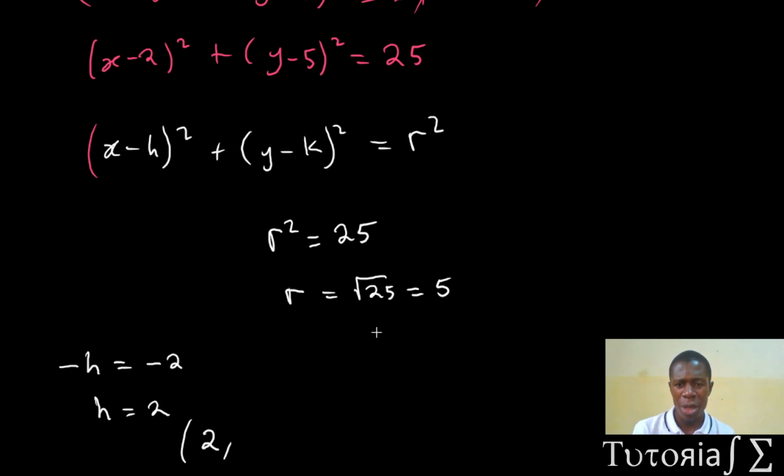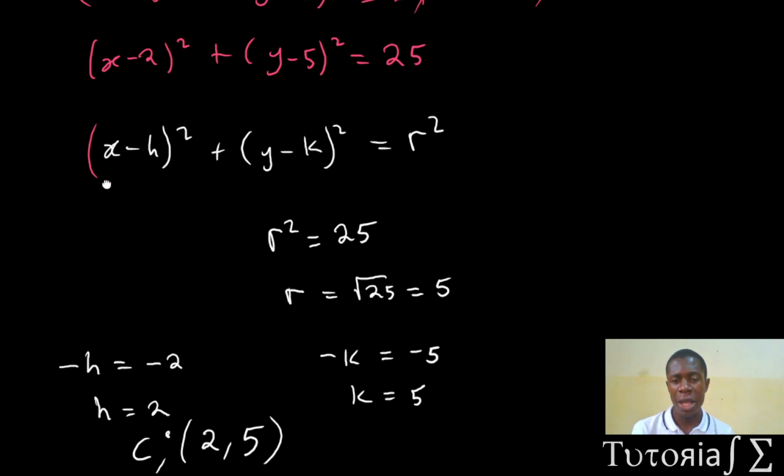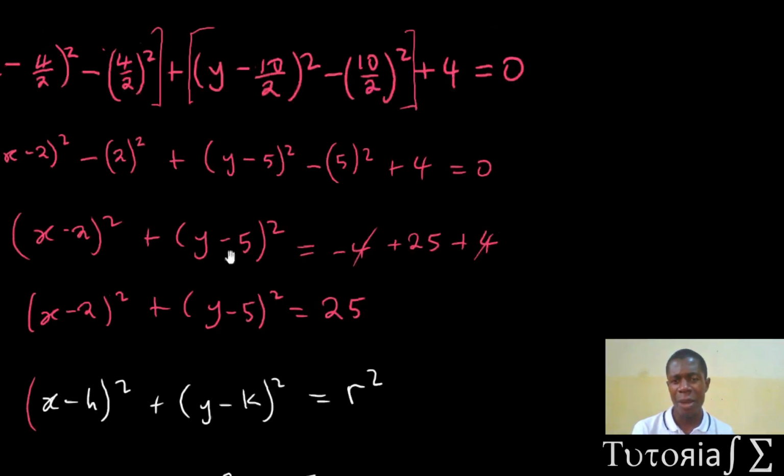Here, for k, we say negative k is equal to negative 5. We see that k equals, when we cancel out the negatives, positive 5. And that is the counterpart for y, which is 5. So the center now becomes (2, 5). So that is the center and the radius. That is how you find the center and the radius.